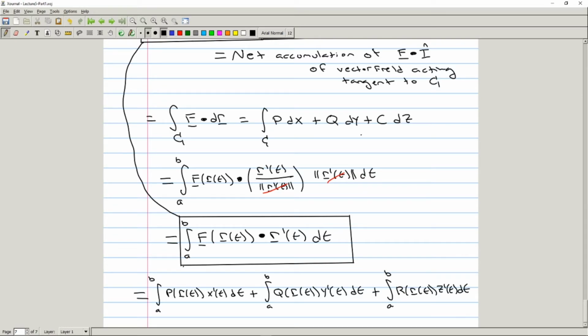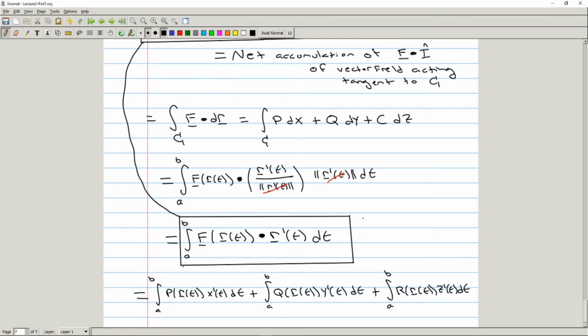Sometimes evaluating these three integrals is easier than this dot product integral right here, but the point is that this is what you're going through and doing. And it's why this notation makes a lot of sense.